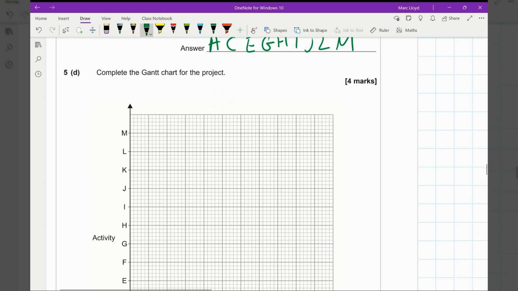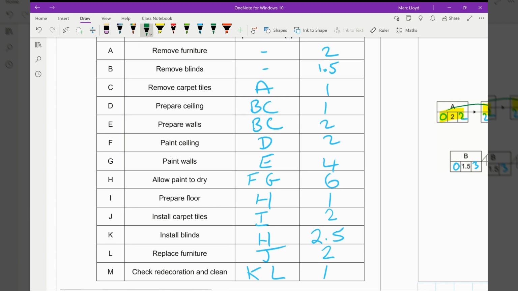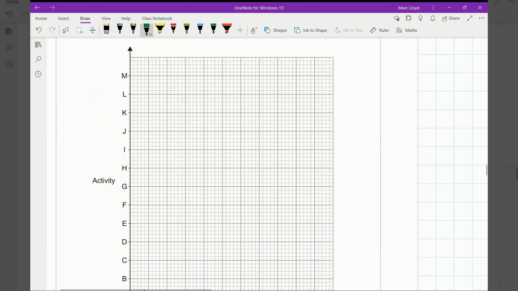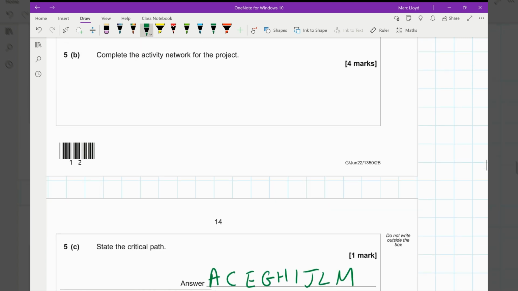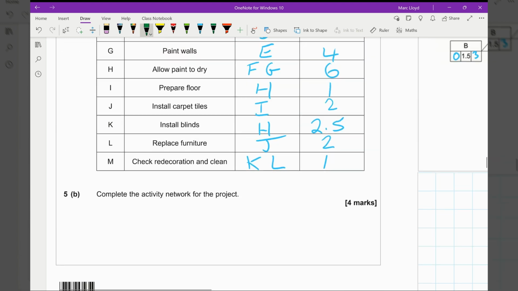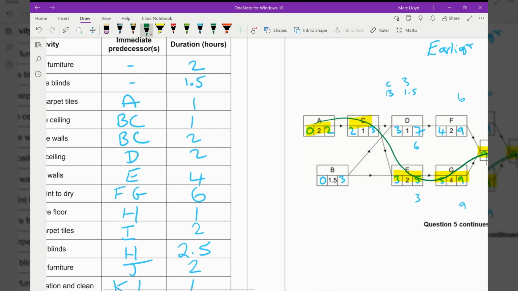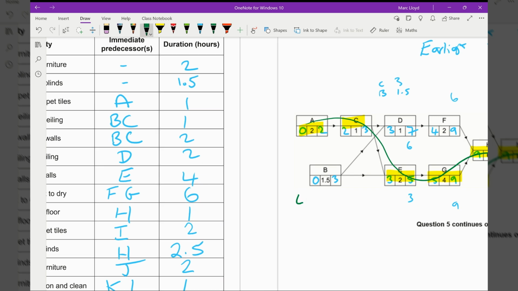B, if I go back up to the top and have a look, B's duration is 1.5. It starts at the very beginning. So 1, 2, 3 squares, like so. Now there's something special about B: with B, your late time take away your duration will equal float time.